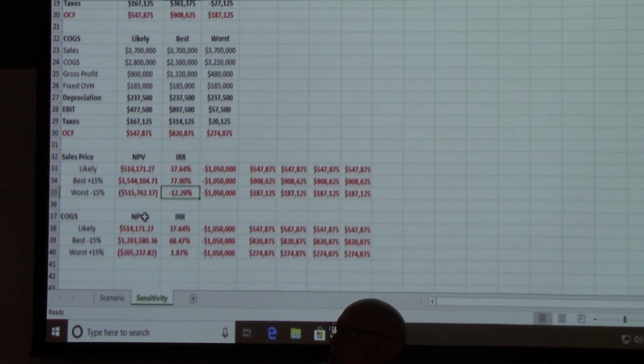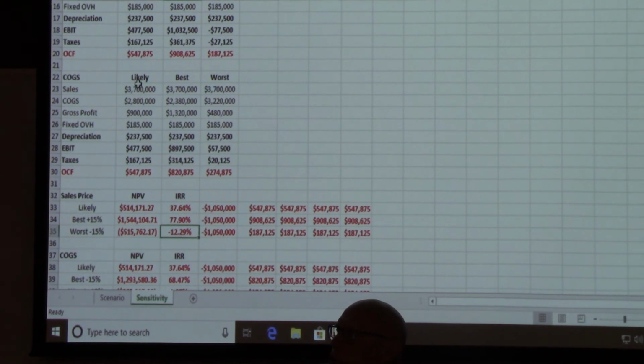All right, now let's look at cost of goods sold. So the sales stay the same. Everything here stays the same. The only thing that's going to change from our likely case is our cost of goods sold, in the best case, goes down 15%. Same number of units, only our cost of goods sold goes from $14,000 per unit down 15%.